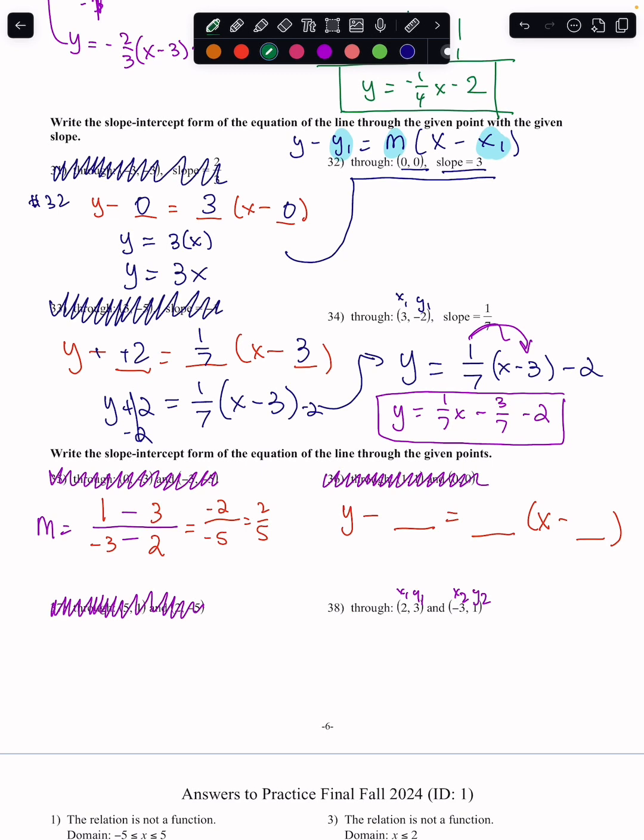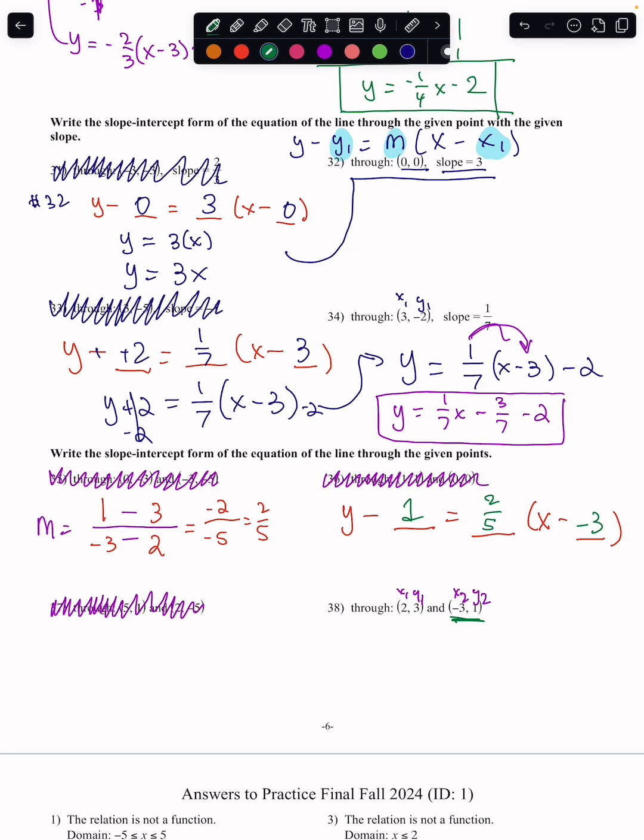Okay. Then I'm going to go ahead and distribute. 2/5 times x is 2/5 x. 2/5 times, oh, this comes positive 3, double signs. And 2 times 3 is 6 divided by 5.